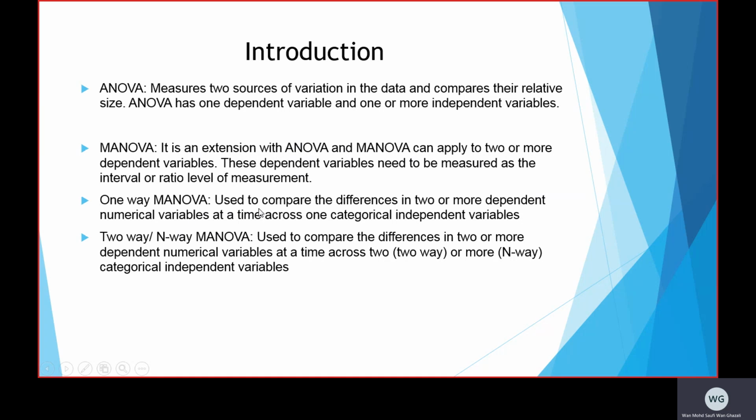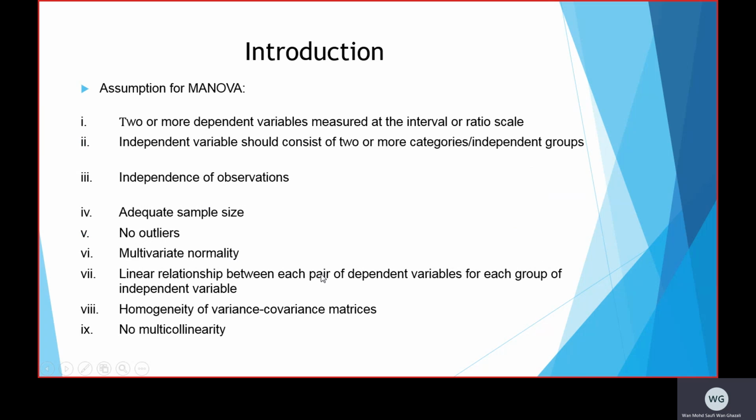One-way MANOVA is used to compare the differences in two or more dependent numerical variables at a time across one categorical independent variable. Two-way or n-way MANOVA is used to compare the differences in two or more dependent numerical variables at a time across two or more categorical independent variables.